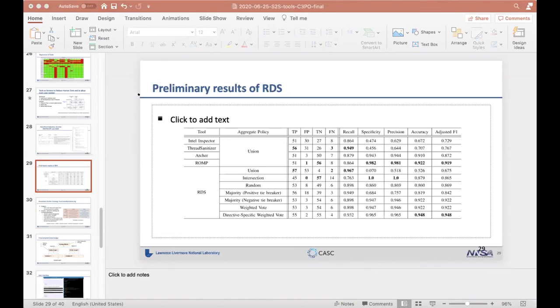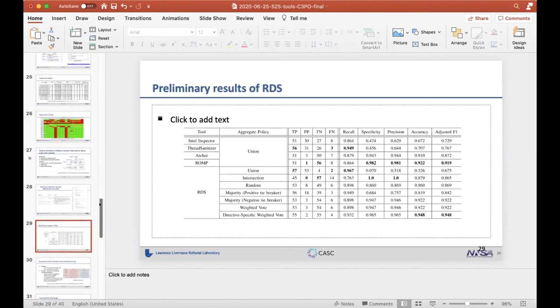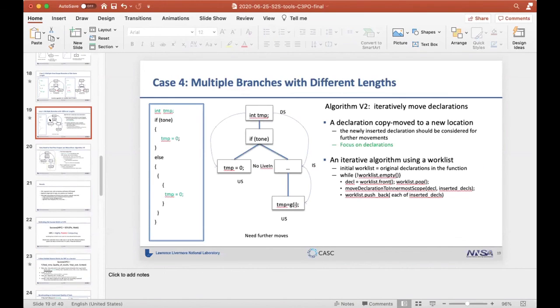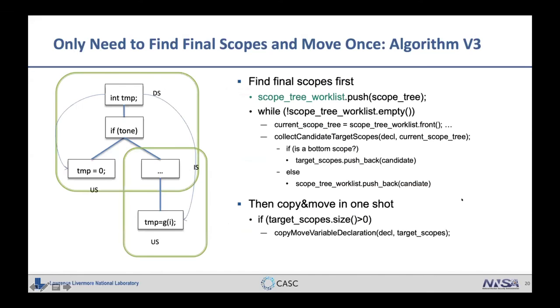I also have a question on the move tool. Your users asked you for a tool to be able to find where variables are initialized and to reduce the liveness of their variables to help with their parallelization.